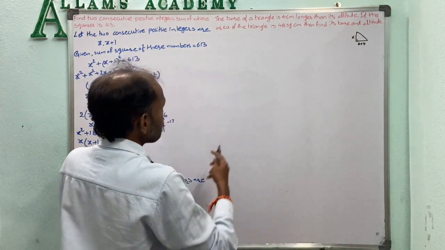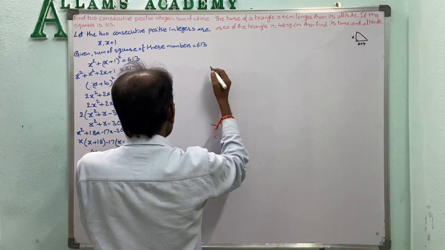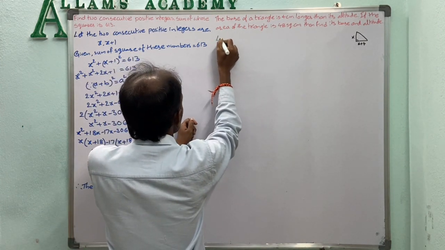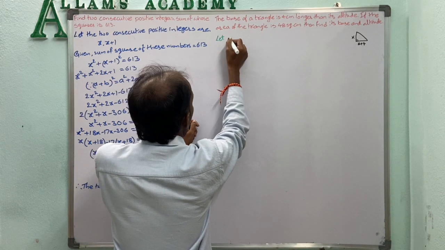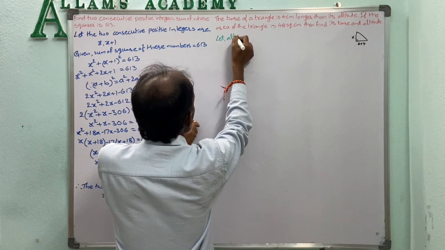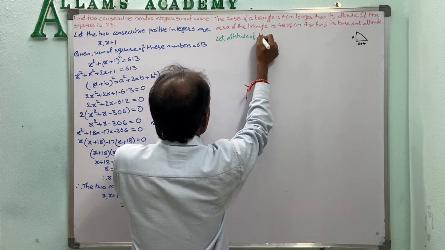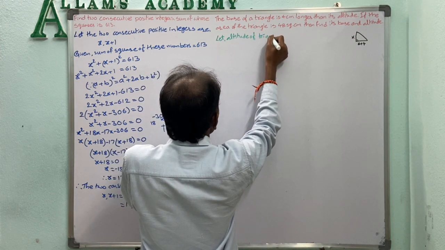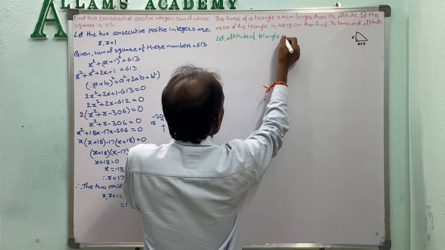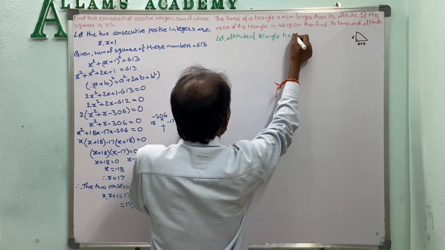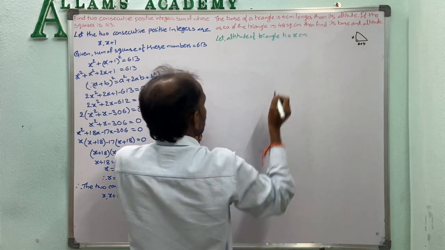Now writing the given information. So let the altitude of the triangle, that is nothing but the height, equal to x centimeters.